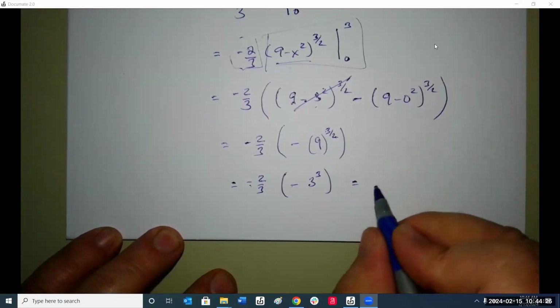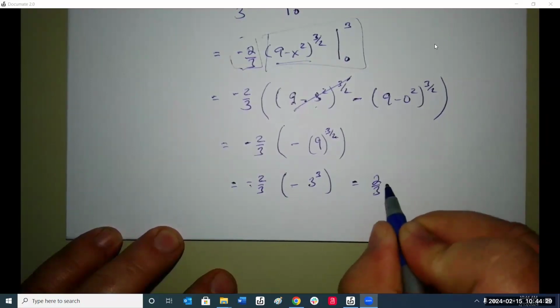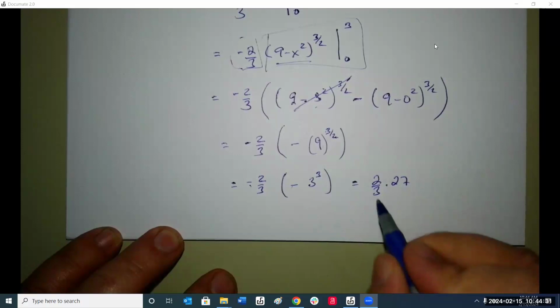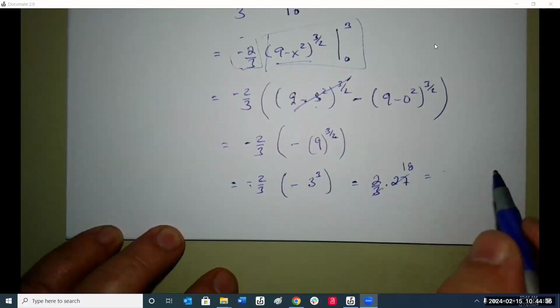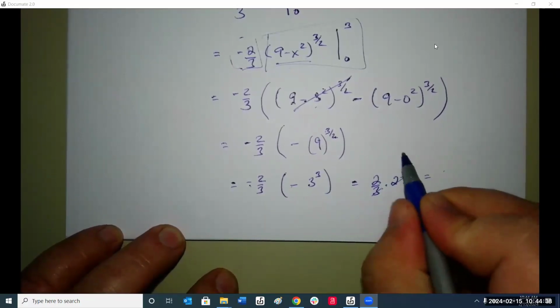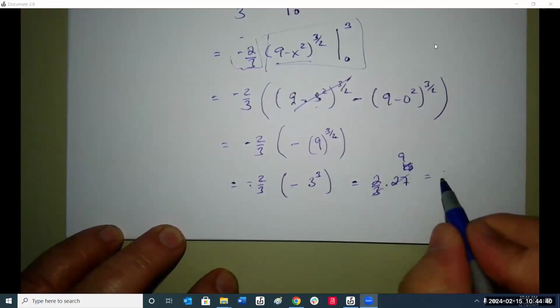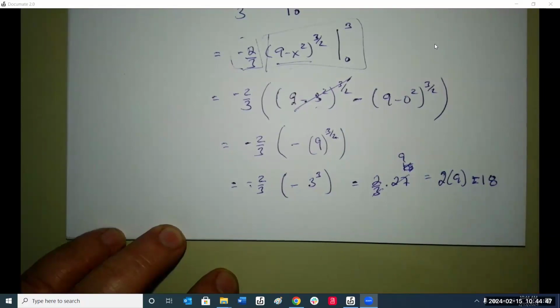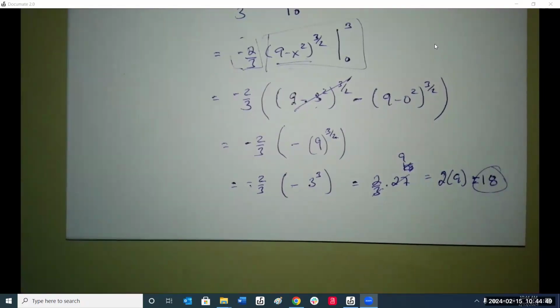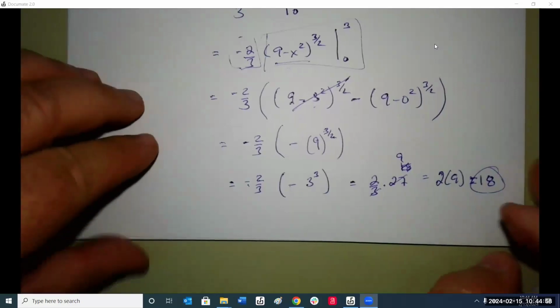Negative makes it positive. 2/3 times 27 is 9. 9 times 2 is 18. It's not difficult, it's just long.